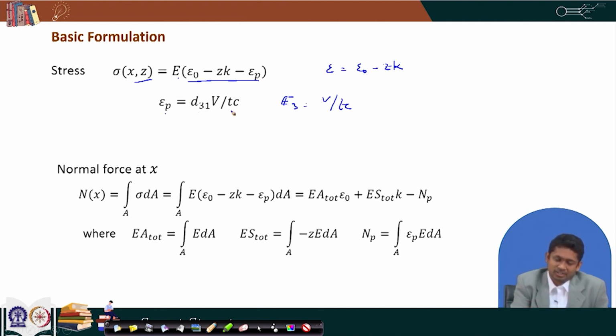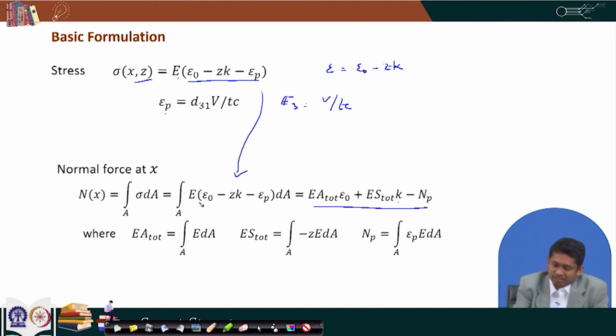Now, along the cross section, if I integrate the stress, that gives us the normal force at that cross section. Now, stress is this, we just put it here, and after integrating over the cross sectional area, this can be written as this: E A total multiplied by epsilon 0 plus E S total multiplied by kappa minus N P total.